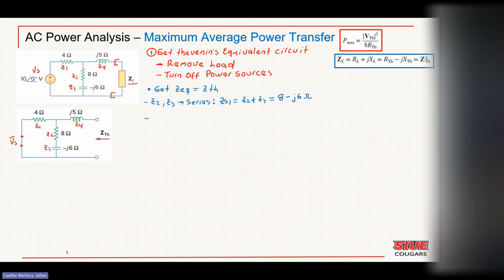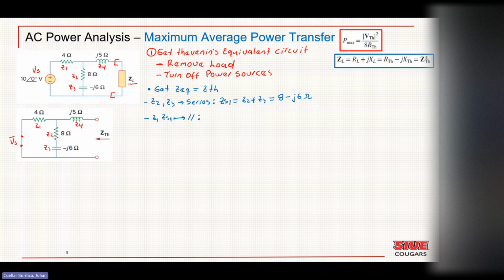What's next? How is that impedance connected with Z1? Z1 and ZS1, they are in, let's see, okay, William, thank you. Yes, they are in parallel.